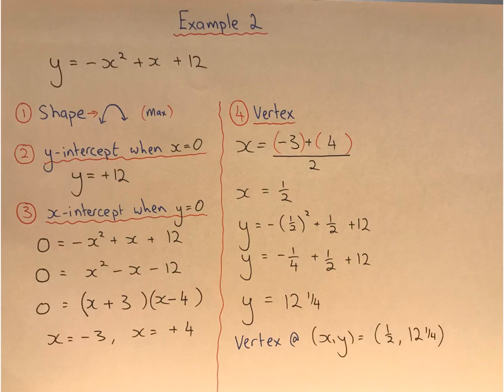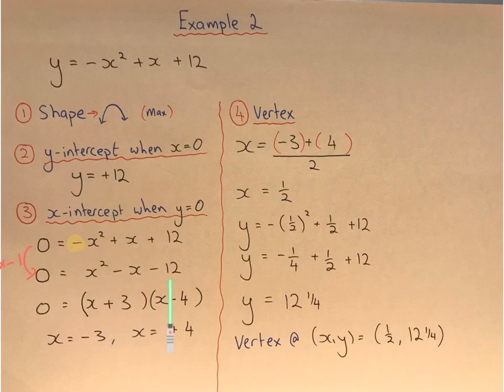Now, when you're trying to factorise, I find it really annoying when I have a -x squared term. So the first thing I did here in solving this equation was to multiply through by -1. So that changes the sign on each term, giving me positive x squared minus x minus 12.